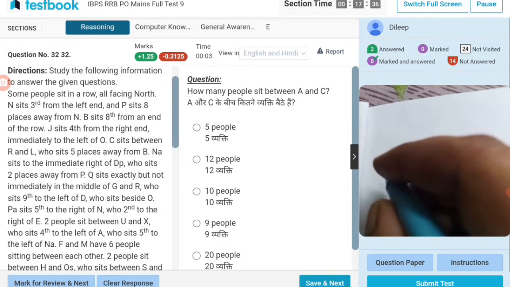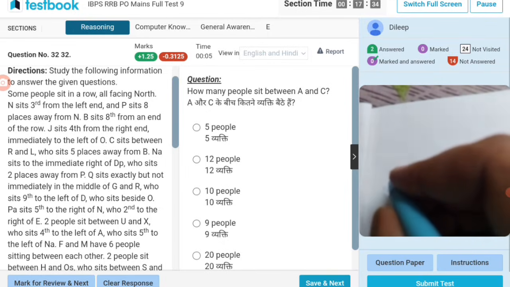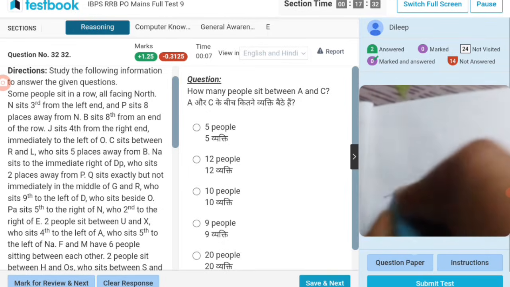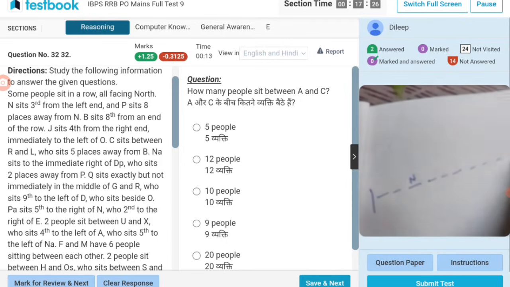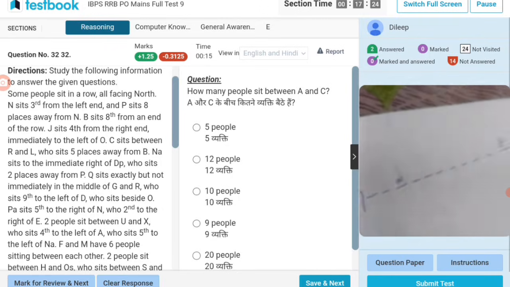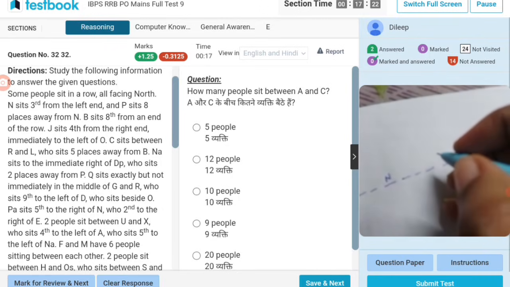Some people sit in a row facing north and is third from the left end. P is 8 places, 2, 3, 4, 5, 6, 7, 8. B is 8th from the end of the row.